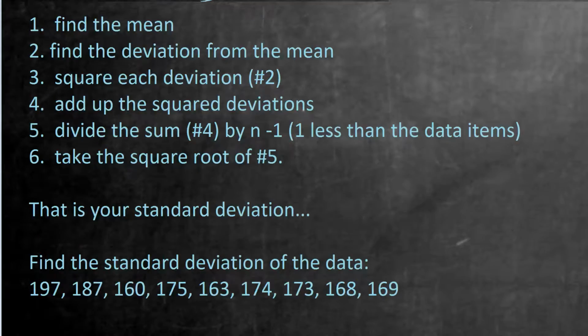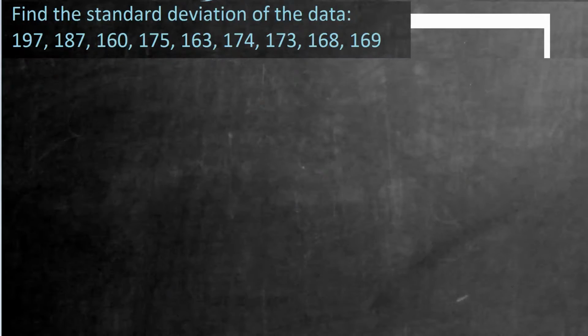And let's give it a shot. Find the standard deviation of the data: 197, 187, 160, 175, 163, 174, 173, 168, 169. All right, so add them up, find the mean.